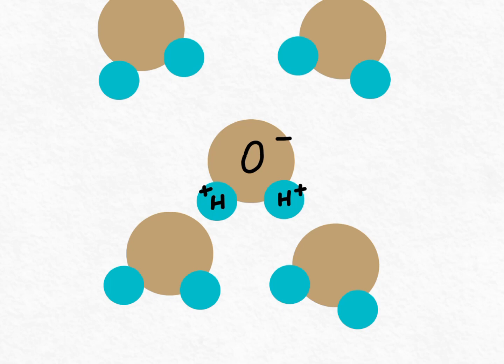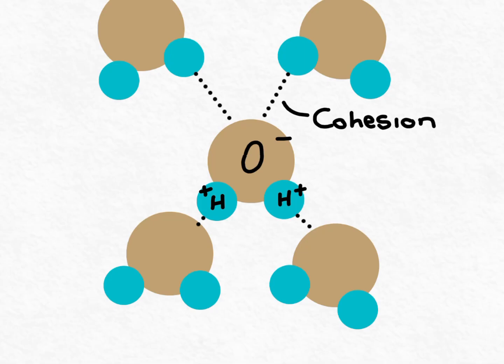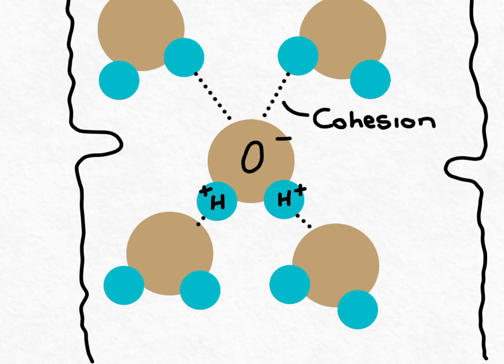So if we have other water molecules, then opposite poles will attract each other and the same poles will push each other away. So the negative oxygen atom will be attracted to other positively charged hydrogen atoms, and this will keep them together. And of course, the hydrogen atoms will be attracted to the negatively charged oxygen atoms, which would also keep them together. And this is cohesion.